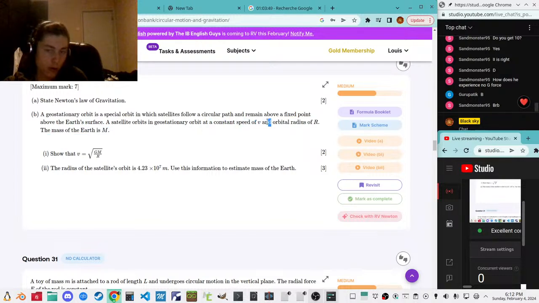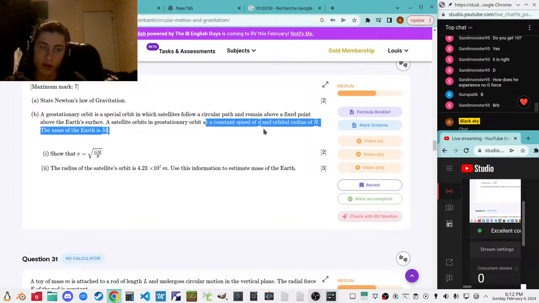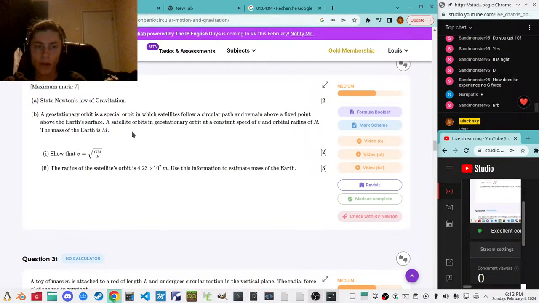Orbital radius r. A satellite in geostationary orbit at a constant speed v and orbital radius r. The mass of... show that v equals this.